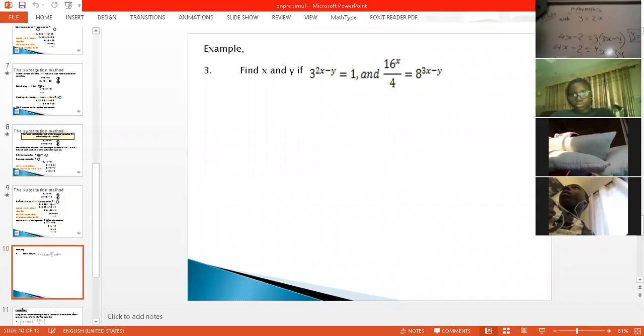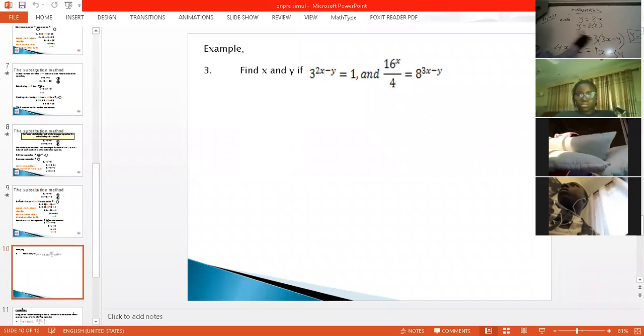To get your y, since x is equal to 2, you substitute into equation 3. So you have 2 times 2, so that your y equals 4. Meaning that you have x equals 2 and y equals 4 for the question.